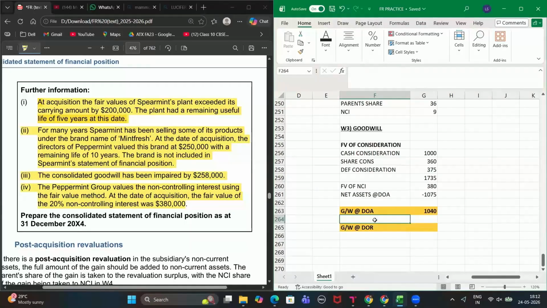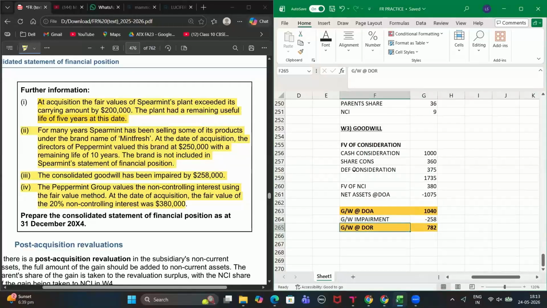Impairment. Are they mentioning anything about goodwill impairment? See, it's mentioned: 258. So what will be the closing goodwill? It will be 782.